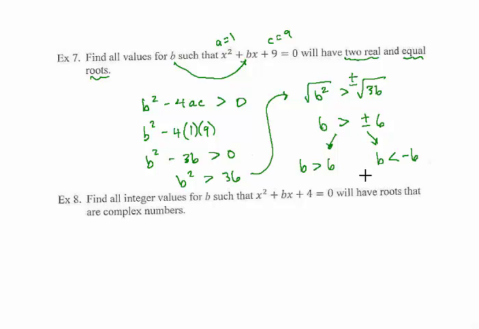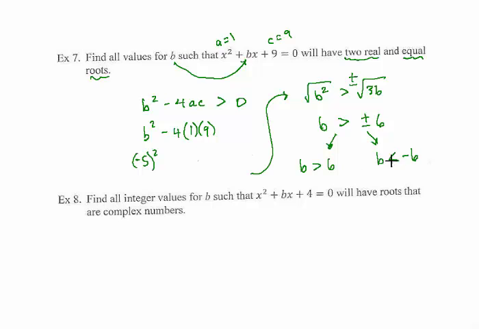Okay? Because this 4ac is a 36, and so if we square, for instance, a negative 5, so I'll go over here and replace b with a negative 5.